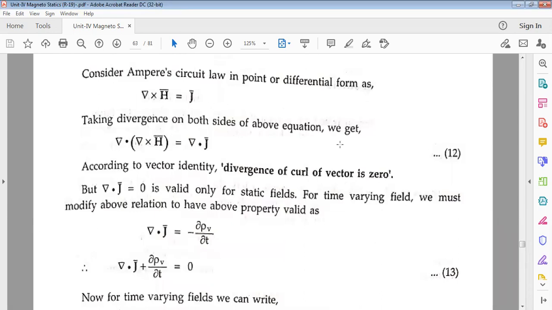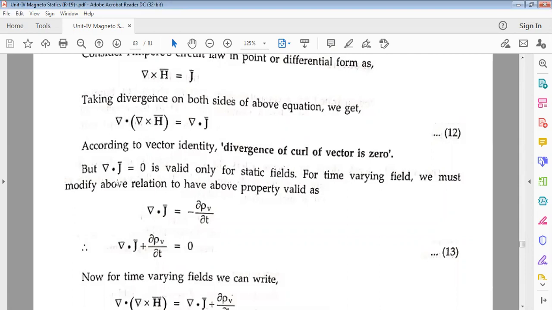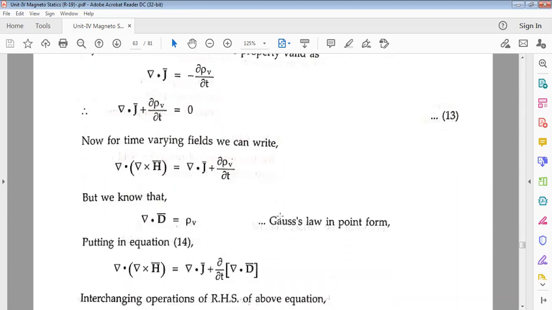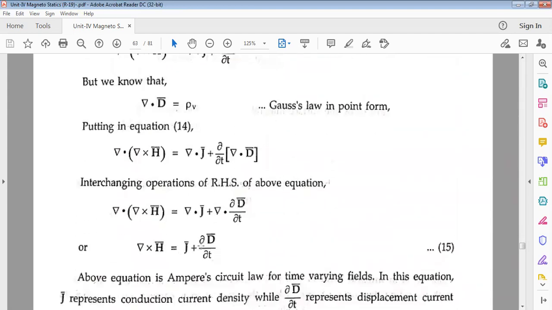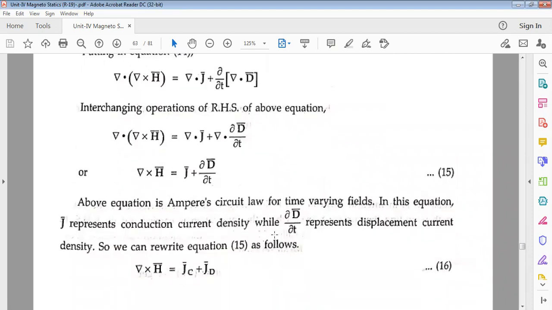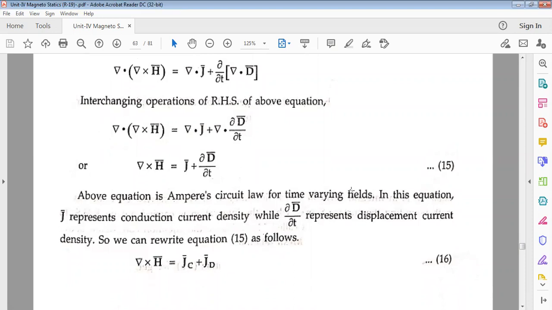Del cross H̄ equal to J̄ is valid for static fields only, but for time varying fields we can add the ∂D̄/∂t term. Here J̄ is J̄C, the conduction current density, and ∂D̄/∂t is J̄D, the displacement current density.